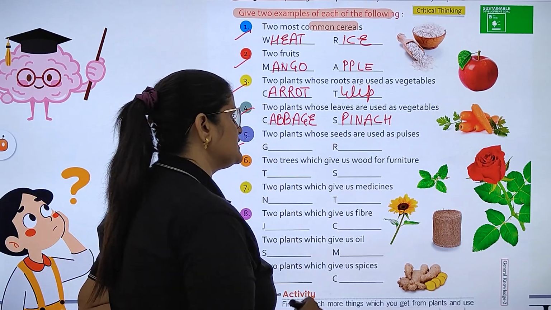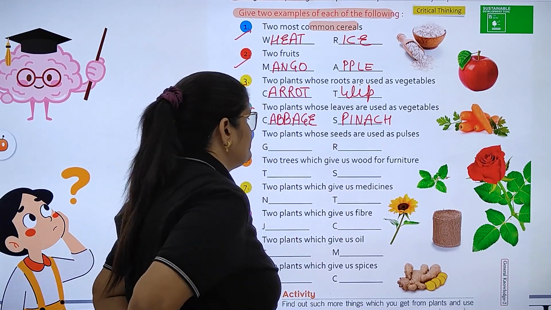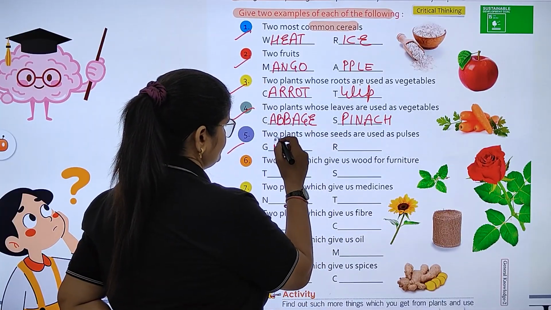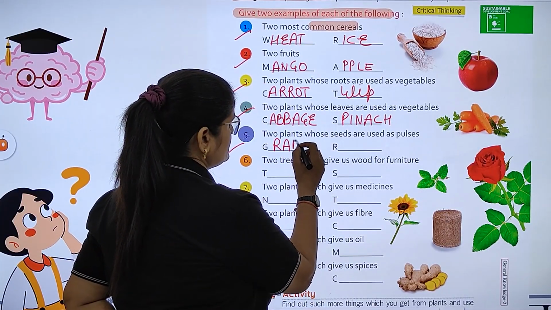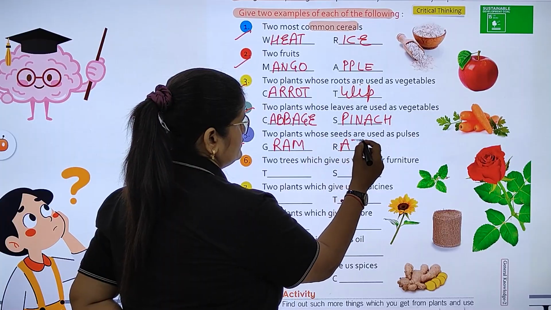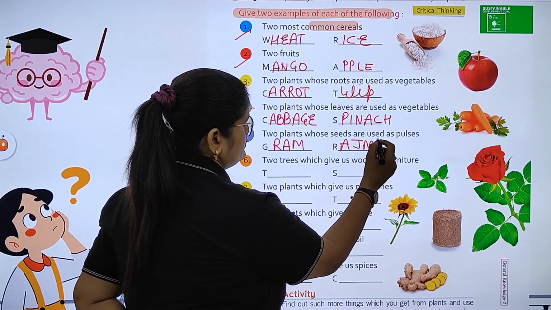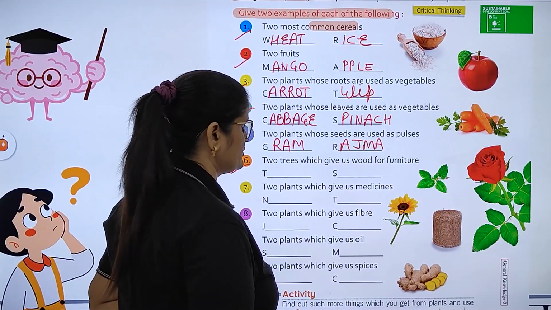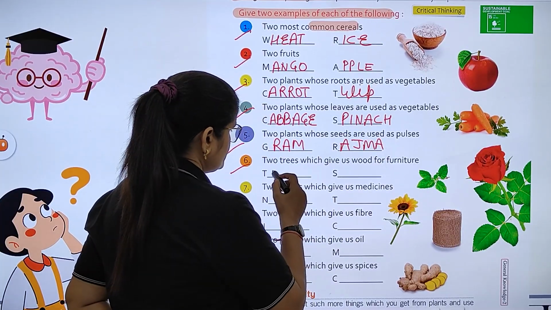Two plants whose seeds are used as pulses: gram and rajma. Gram matlab chana. Two trees which give us wood for furniture: teak or shisham.